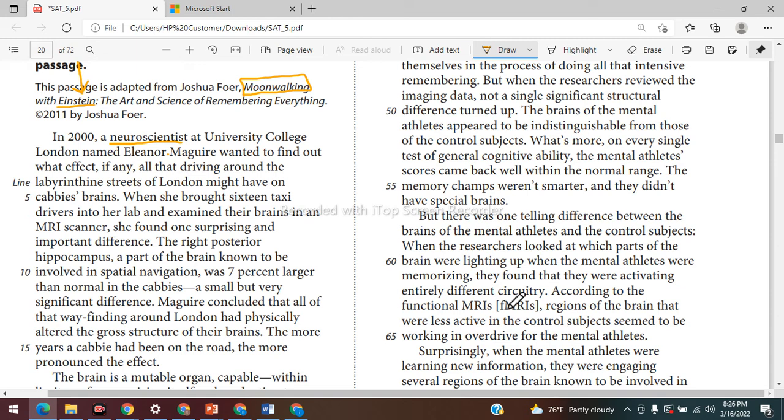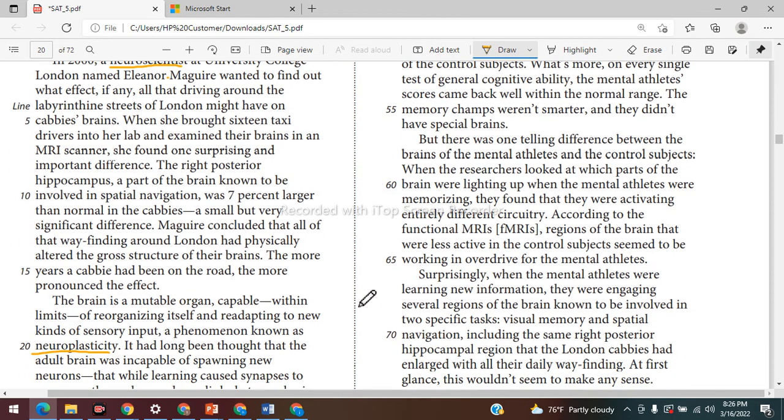And so she got some taxi drivers, and what was a major finding that was epic? She wasn't expecting that their brains were 7% larger. This is very important, so critical, and it even surprised me.